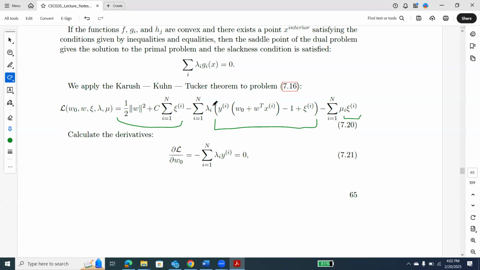The derivative with respect to w results in w from the first term and lambda y x from the second term.